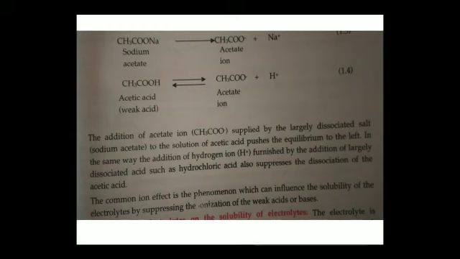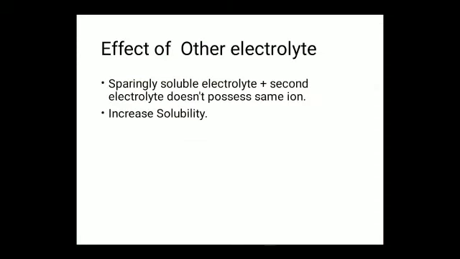This common ion effect is a phenomenon which can influence the solubility of electrolytes by suppressing the ionization of weak acids or bases. Effect of other electrolytes: the solubility of a sparingly soluble electrolyte can be increased by adding a second electrolyte that does not have the same ions present in the sparingly soluble electrolyte.